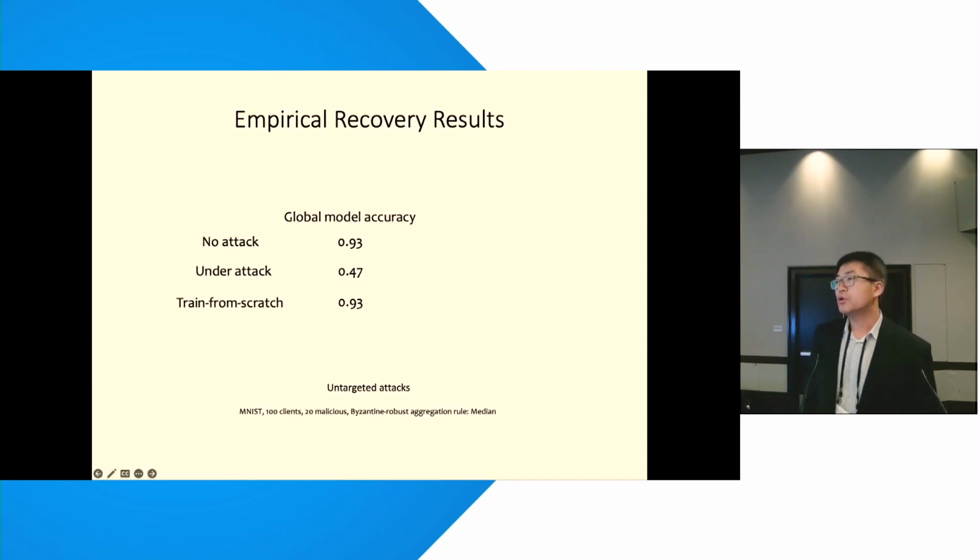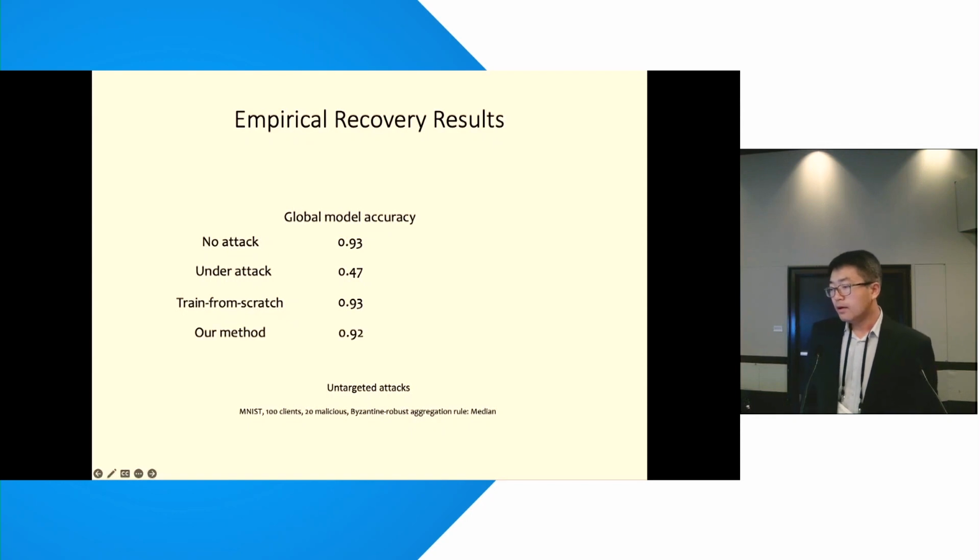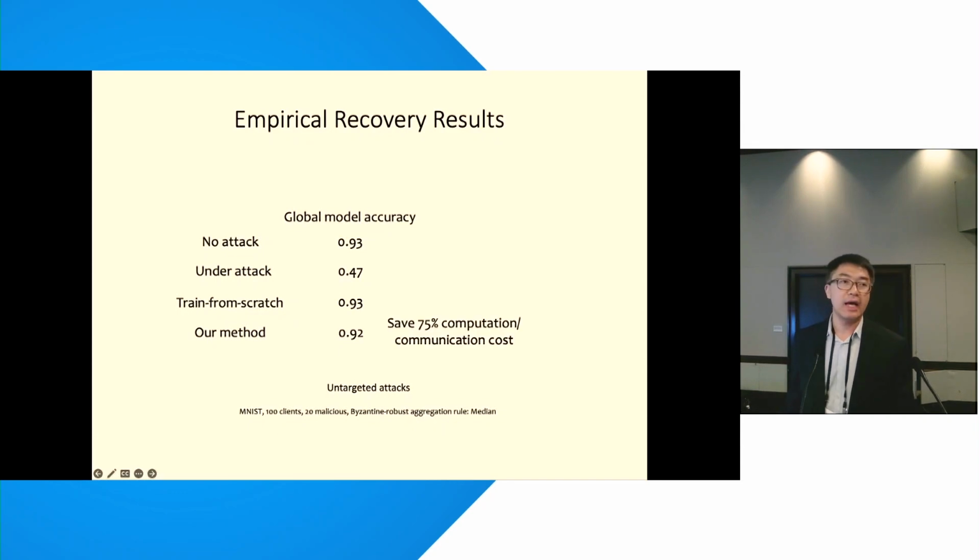If we use train from scratch, the recovered global model is accurate again. However, it incurs a lot of computation and communication cost for the client. Our method can recover a model as accurate as trained from scratch, but it saves up to 75% of computation and communication cost.